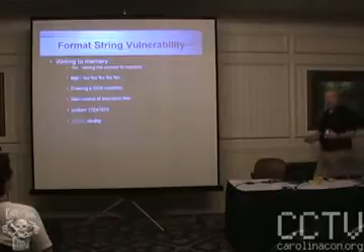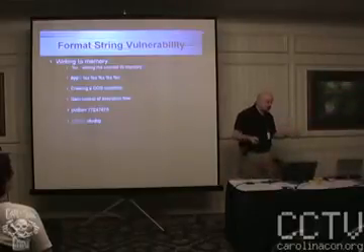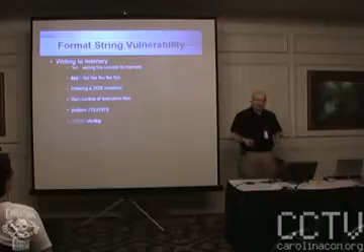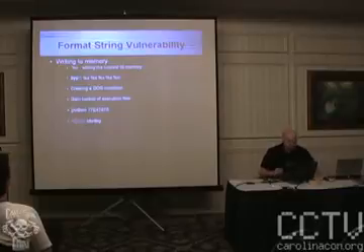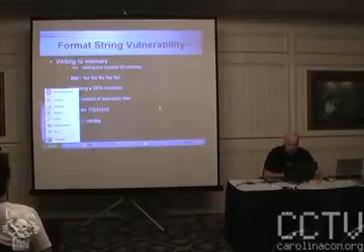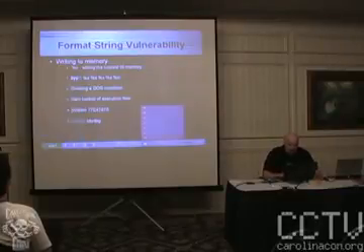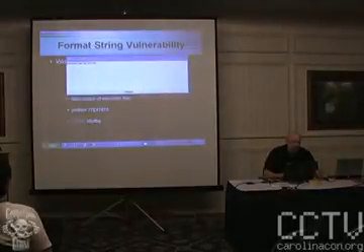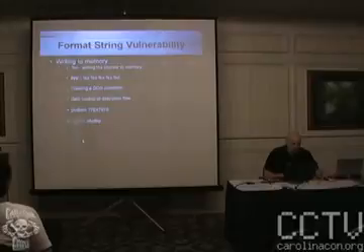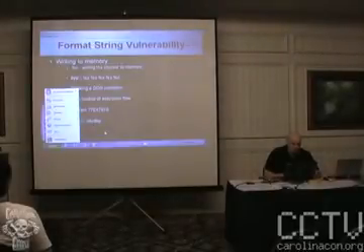Writing to memory. Now we talked about reading from memory. Let's go ahead and do some simple test writing to memory, just so you can see how that functions. Okay, we're going to go ahead and use this program here.